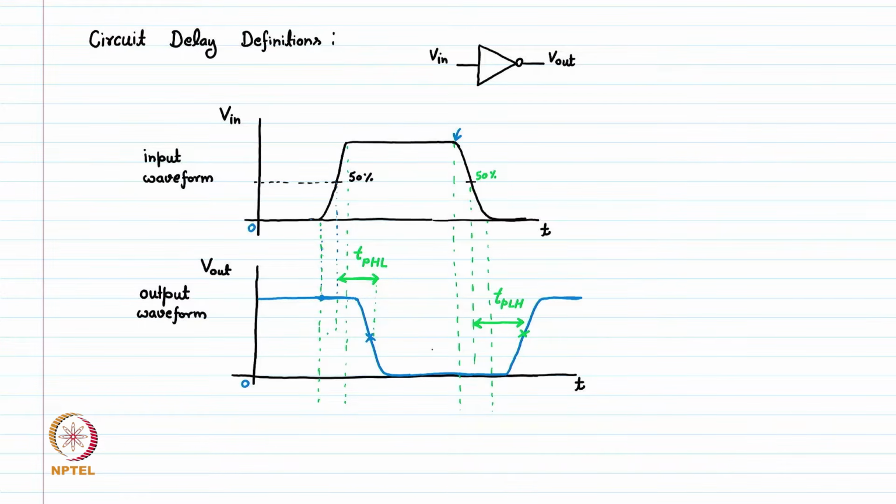We can notice one thing, going from high to low there is a different value TPHL. It depends mostly on the NMOS, the size of NMOS. If NMOS is strong, then this delay can be smaller. However, this TPLH is pulling the output from low to high.